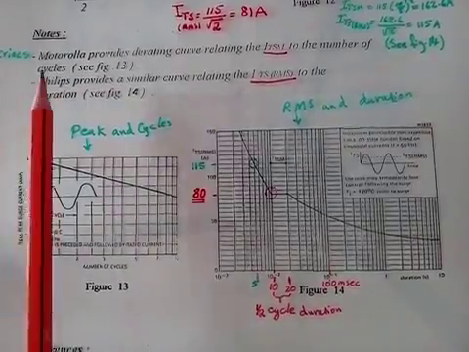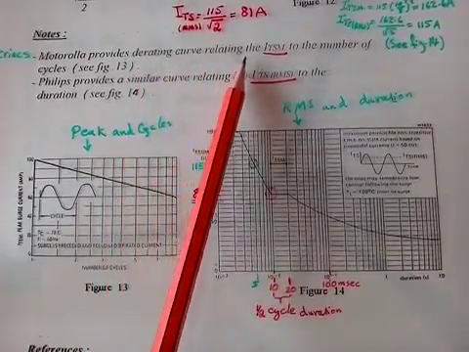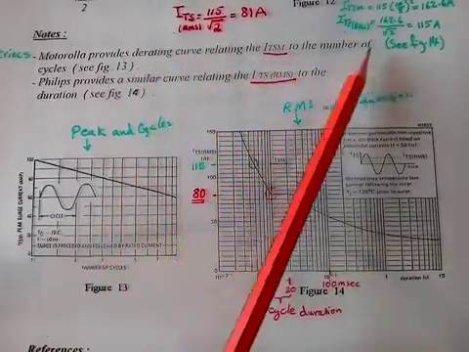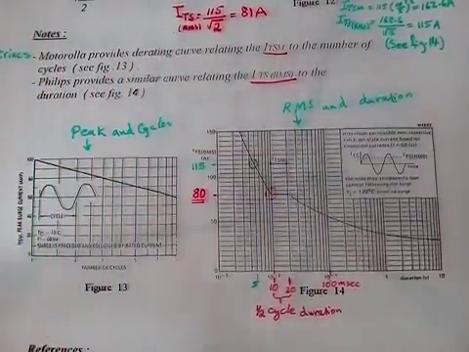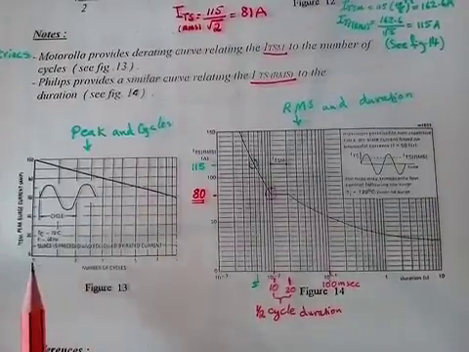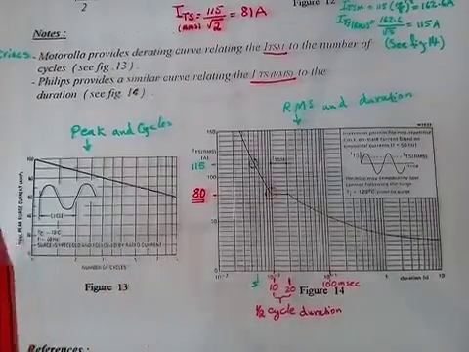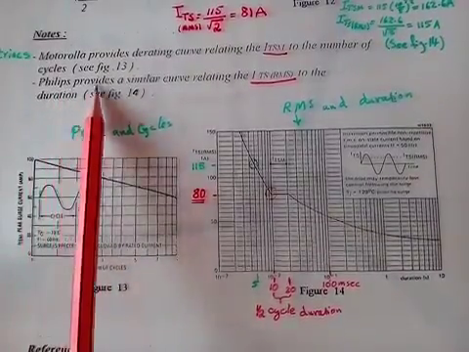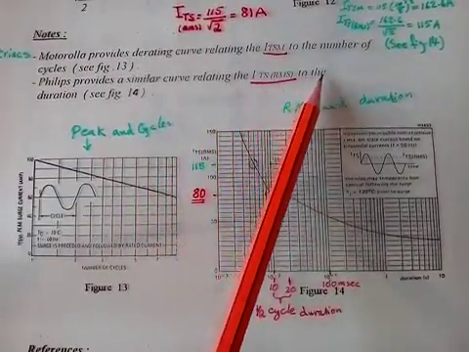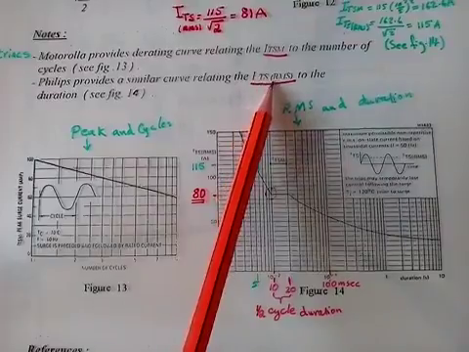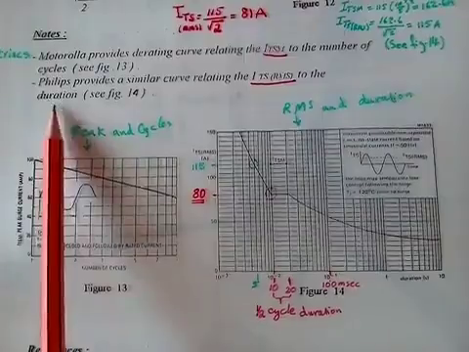For triacs, Motorola provides the rating curve relating the I surge mode to the number of cycles. Okay, that's in figure 13. We can see here the first cycle, the second cycle, the third cycle, and so on and so forth. While Philips provides a similar curve relating the ITS, which is an RMS, that's the RMS of the peak surge current, to the duration.